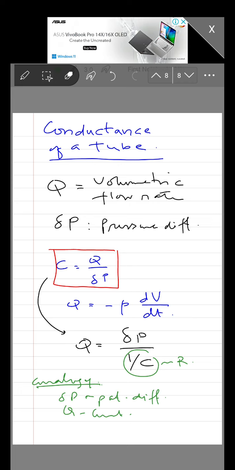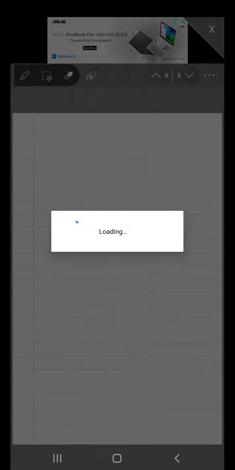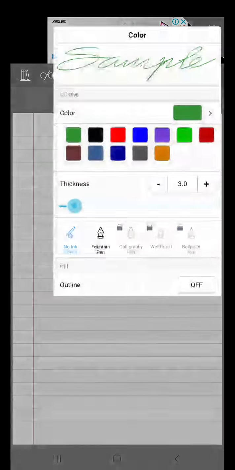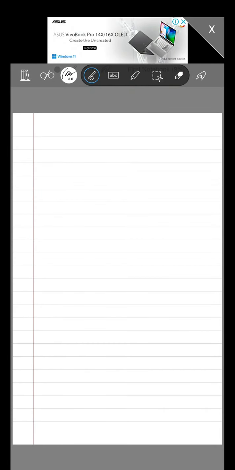So like resistances can be arranged in series and parallel, for series we know that the total resistance is the sum of the resistances arranged in series.